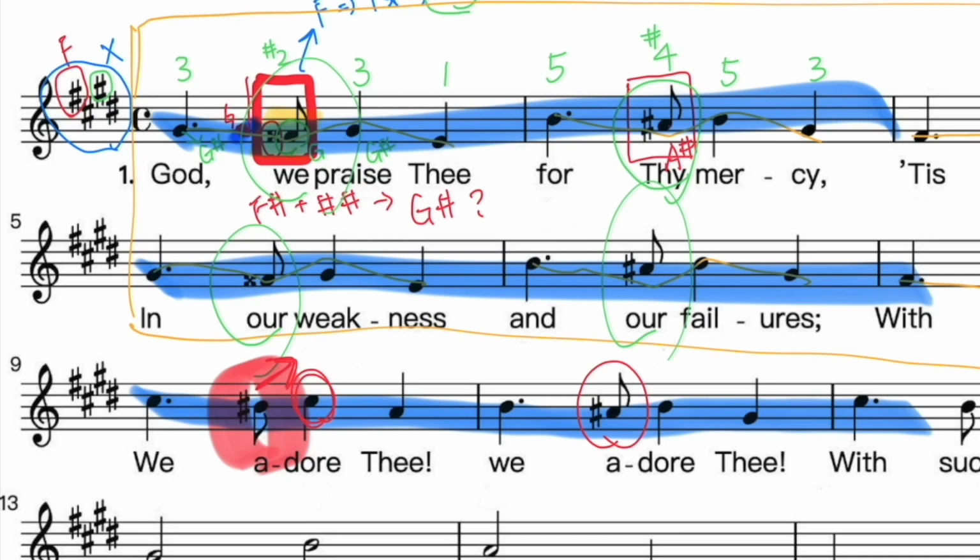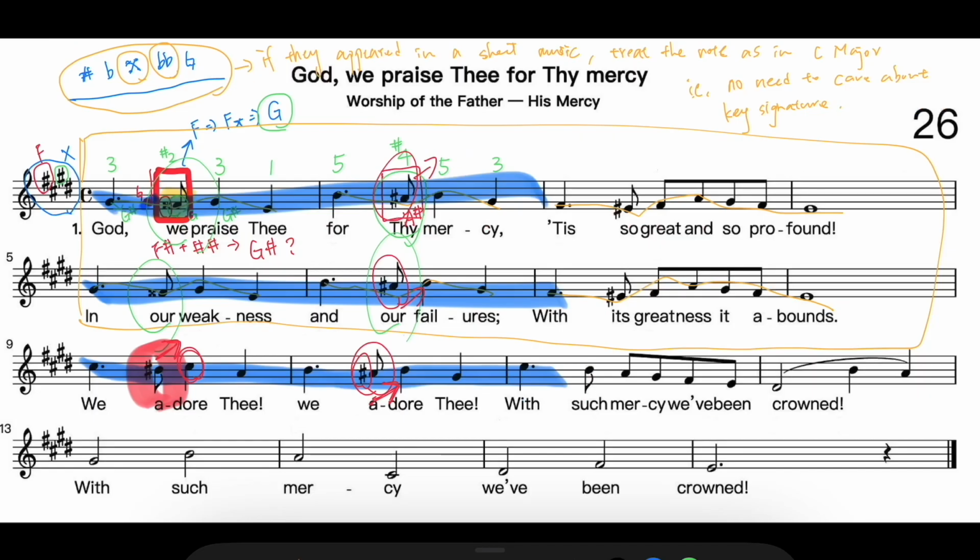The same here, a sharp, next will be an upward. It's a hint. For all the composers, they will do this. Okay, this one upward, this one upward. So next time if you see there is a flat or a double flat, it means there is a hint. We are going downward. Okay.